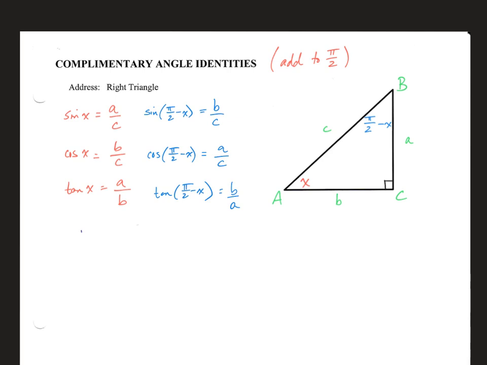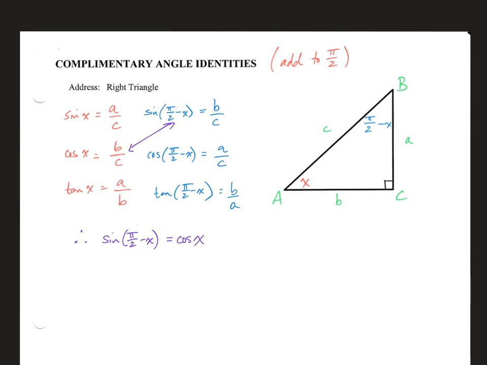And so, what do we end up getting then? Well, we should be able to see that my sine of pi by 2 minus x was equal to b over c. And another ratio that equaled b over c was cos x. And therefore, they must be equal.